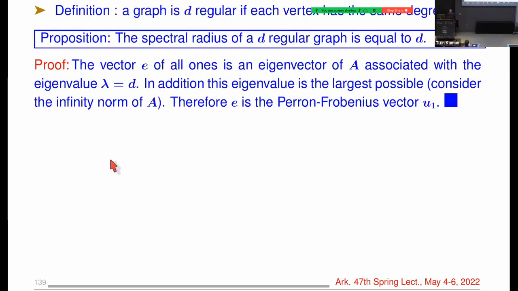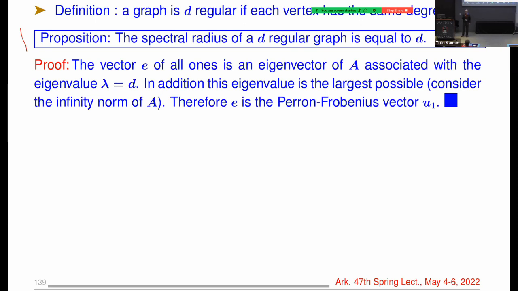So, for example, you can easily show this if a graph is d-regular. A d-regular graph is a graph where each vertex has exactly the same degree. That sometimes happens.